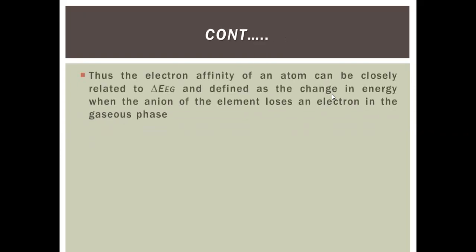So what we have already studied is the electron gain energy. What is happening? The gaseous atom accepts an electron, gaining an electron and becoming negatively charged in the gaseous state. During this, energy is absorbed or released. That is the electron gain energy. But the electron affinity is the opposite of that.